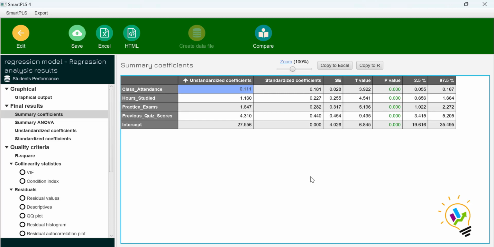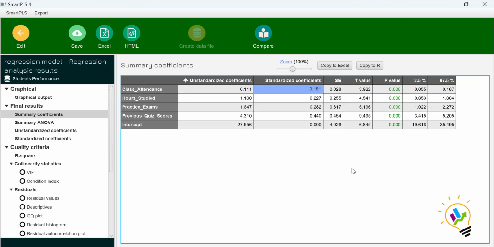The standardized coefficient is 0.181, which means that the change in final exam score is 18.1% of the standard deviation of the independent variable class attendance. The p-value is 0.000, which means that the relationship is significant at the 0.05 level. This suggests that class attendance is a weak predictor of final exam score.